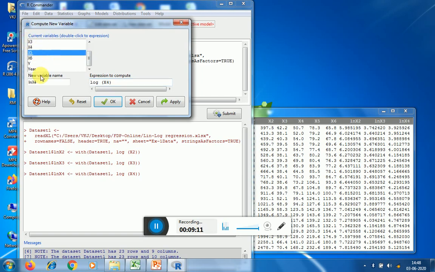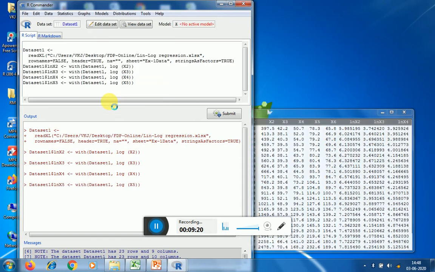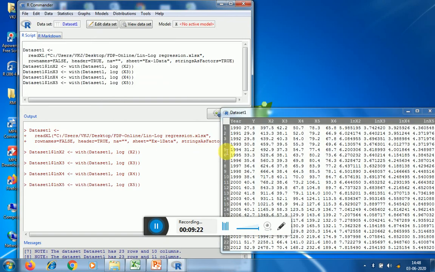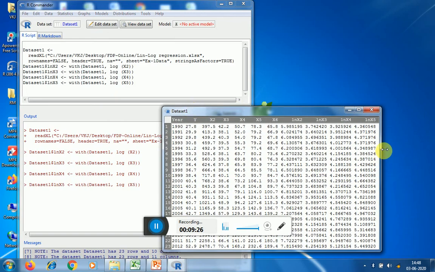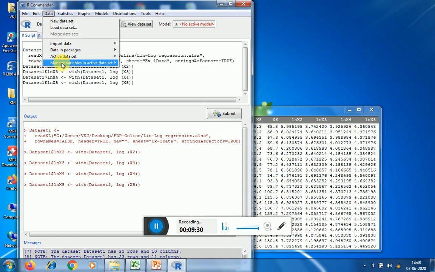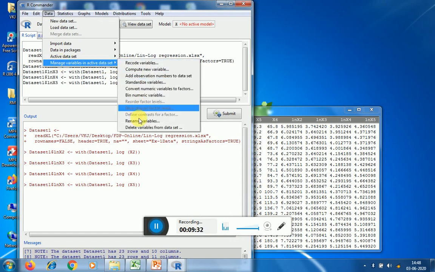Rename this as ln x5, make the changes again. Again this is added, log of this value is added. Next data, manage variables in the data.